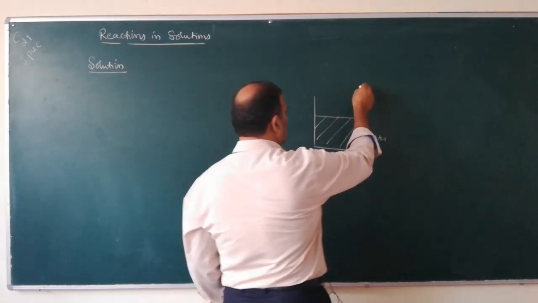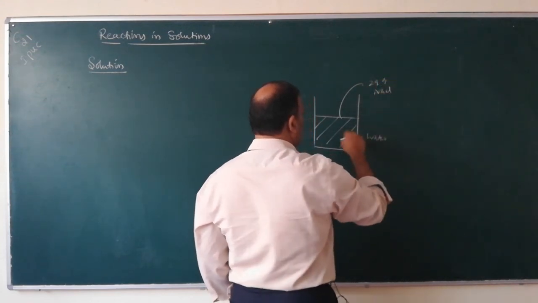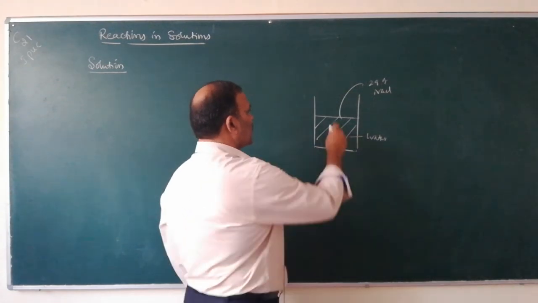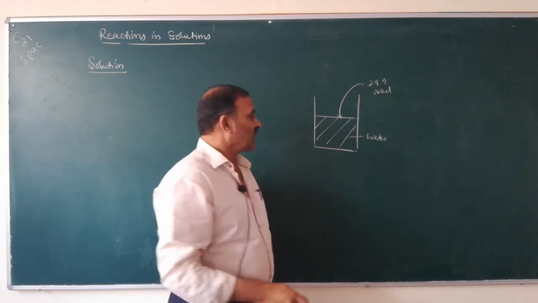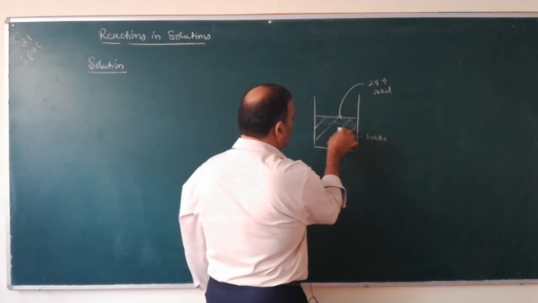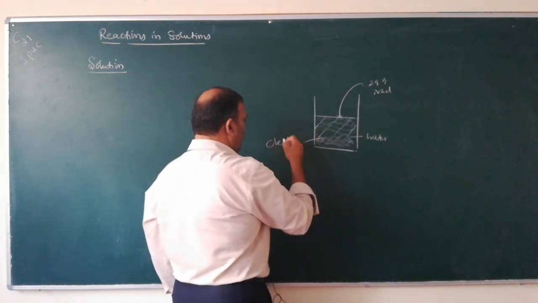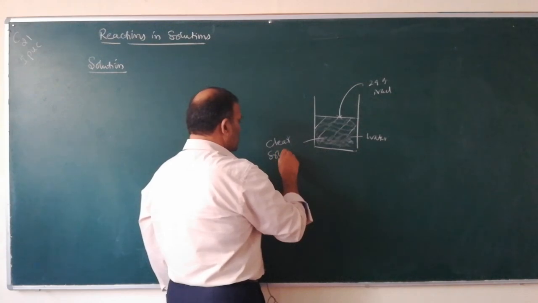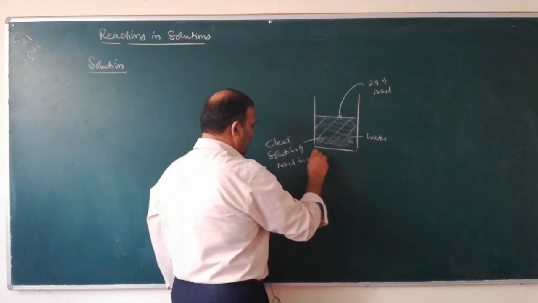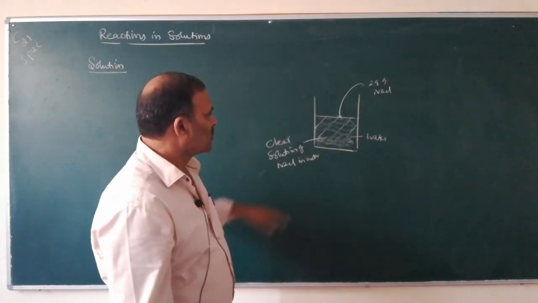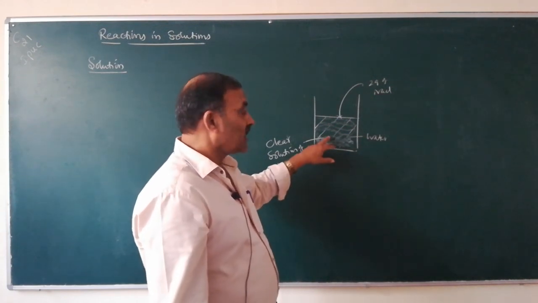If you add 2 gram of sodium chloride to water and stir it well, you will get a clear solution of sodium chloride in water. So this is a clear solution of NaCl in water. Then what is a solution?